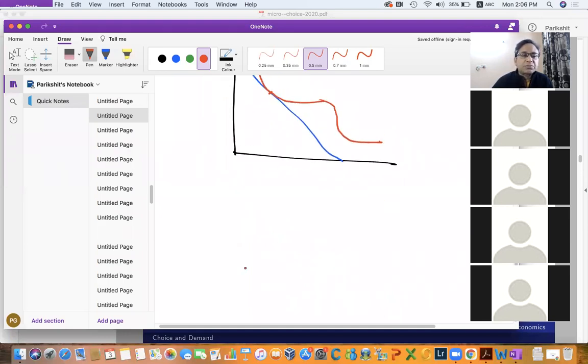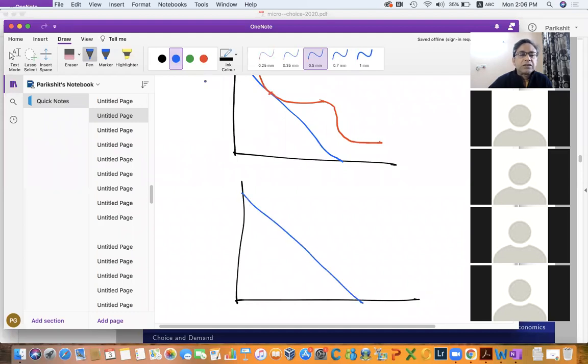Well, let me redraw that picture. So at a certain point, you have tangency and you have second order conditions satisfied. So you might think, oh, I've identified the true best choice. But suppose it turns around like this, okay?